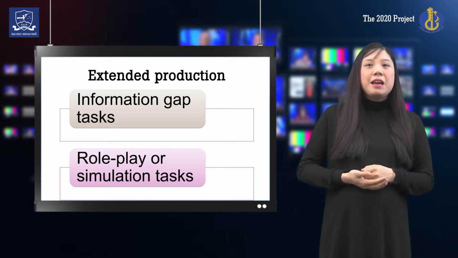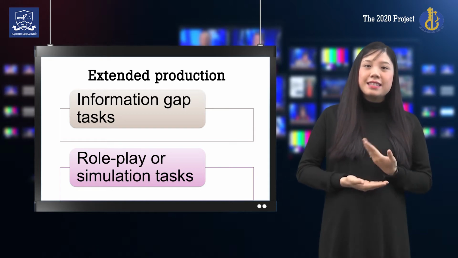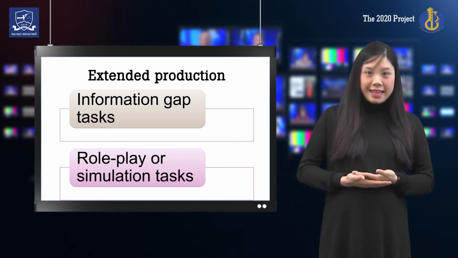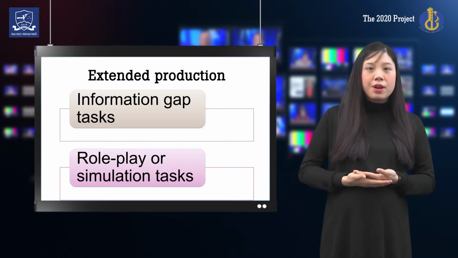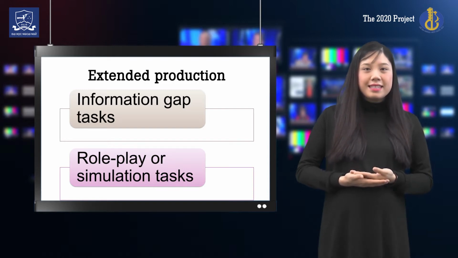On the other hand, because the responses of test takers are usually open-ended with a number of possible correct options, these extended production tasks are often scored using a rating scale.